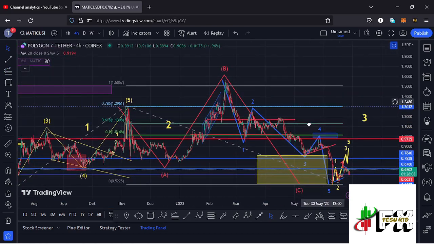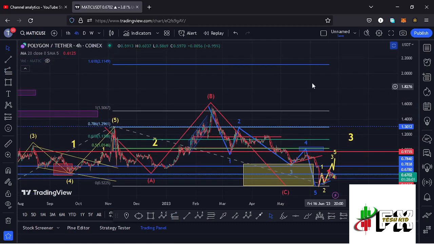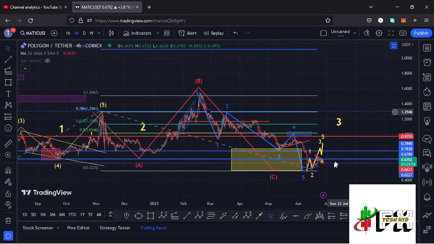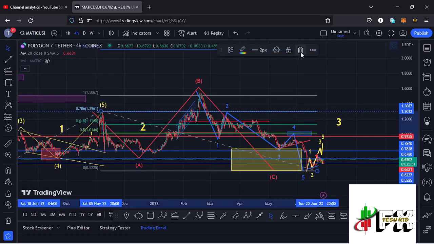That now gives me a minimum target area at the fib level 1.618, and that is at around the $2.11 mark, and that is the minimum that we can expect that third wave to the upper side to do.